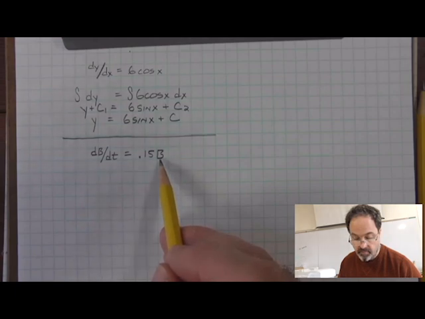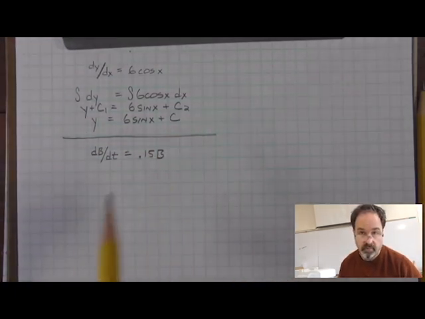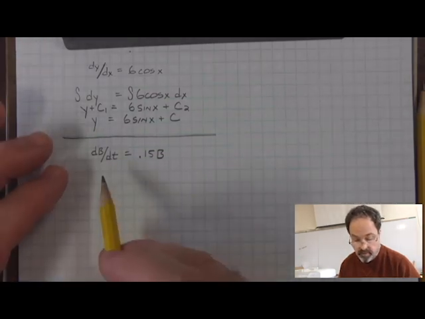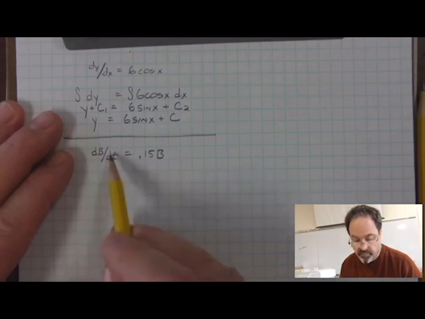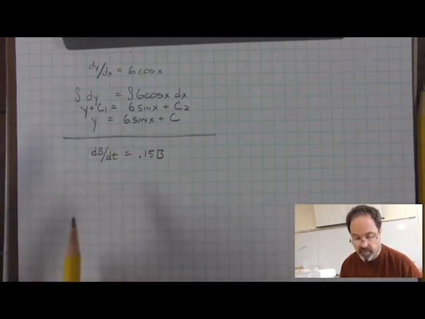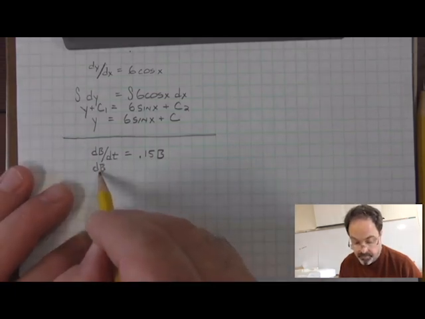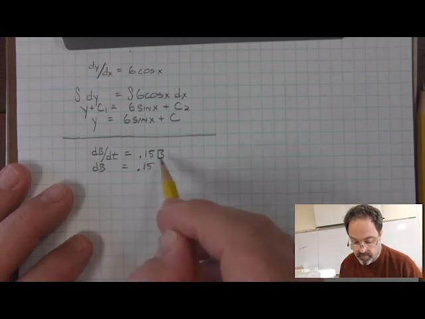We have the variable b and the derivative of that variable in the same equation. I'm asked to find b. I'm going to do what I did last time and separate this derivative notation, separate the dB and the dt by multiplying both sides by dt.